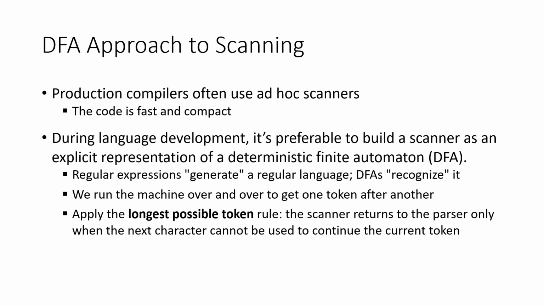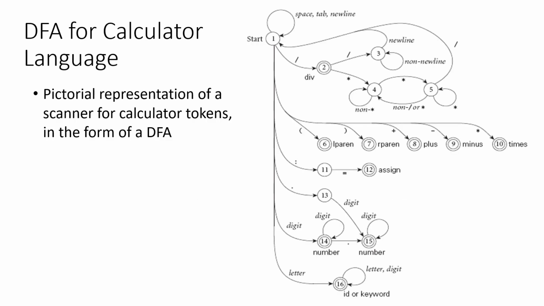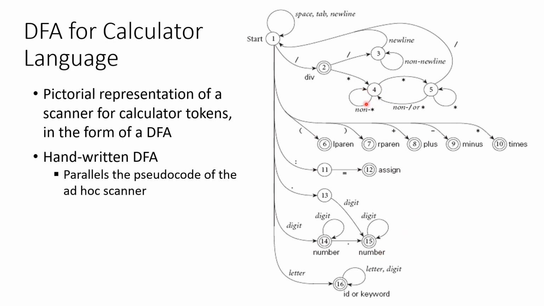That means that the scanner returns to the parser only when the next character cannot be used to continue the current token. As an example, this is a pictorial representation of a scanner for calculator tokens in the form of a DFA. This DFA is handwritten. Its state diagram roughly parallels the pseudocode of the ad hoc scanner.